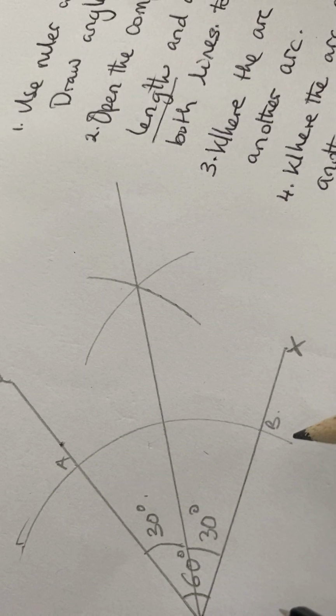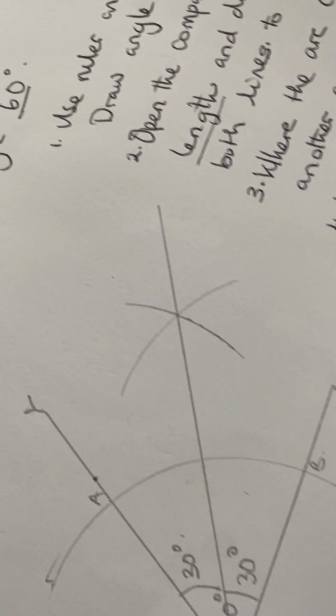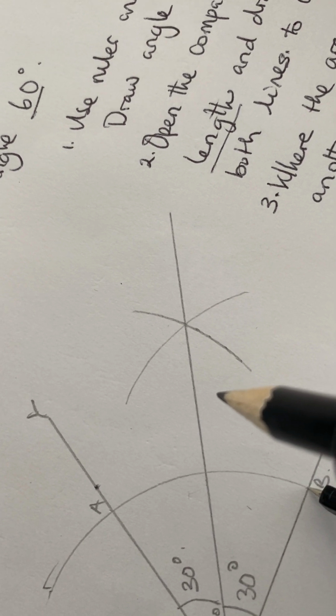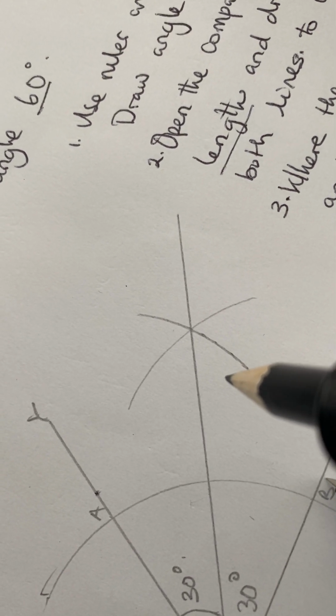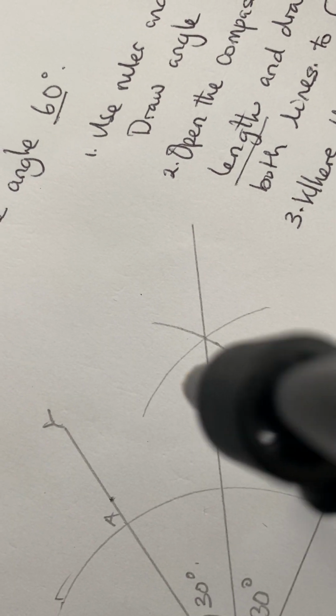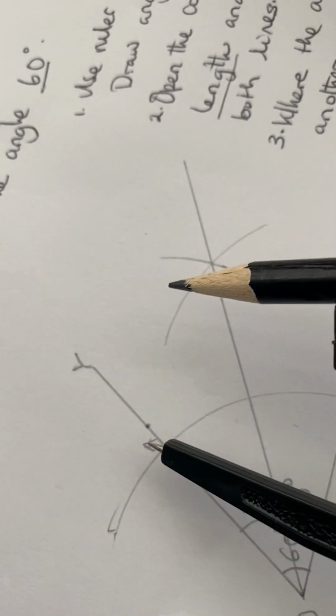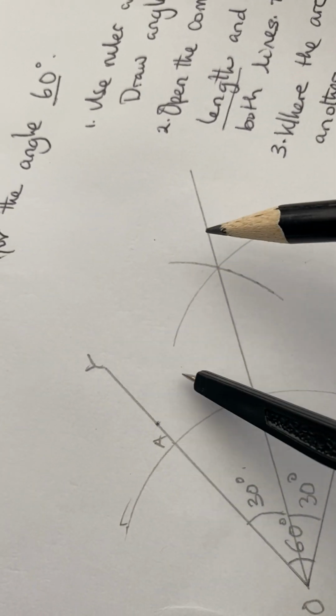Open it, draw an arc across the line. And then with the same arc length or a bit extended, draw another arc here and draw another arc from this point. These 2 points.